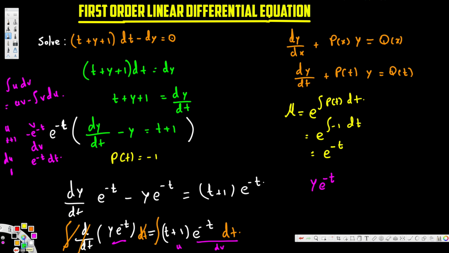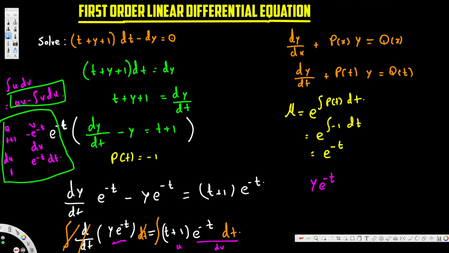Now after we find the integrals like this, we just have to plug them into this equation, uv minus the integral of v du. uv is what? (t + 1) multiplied by negative e^(-t). So that's going to be negative (t + 1) e^(-t).